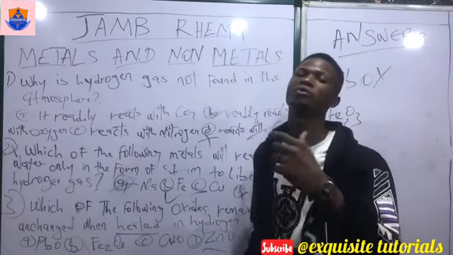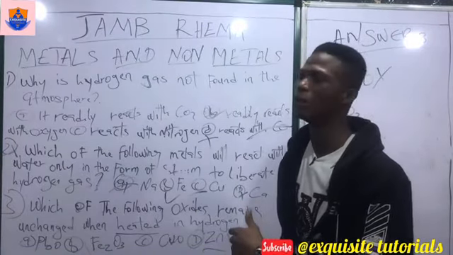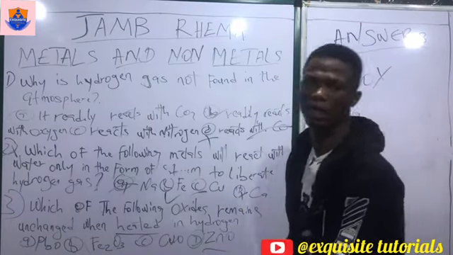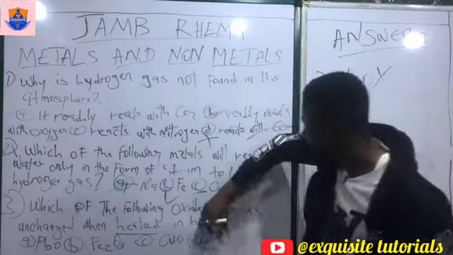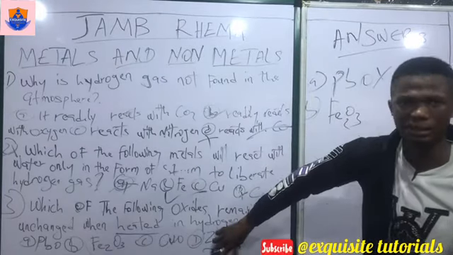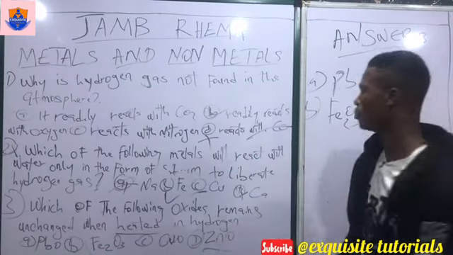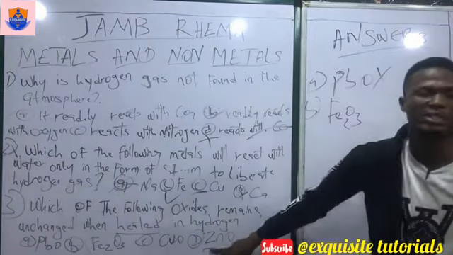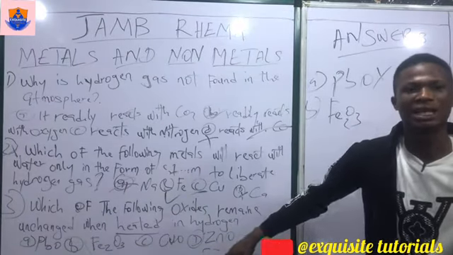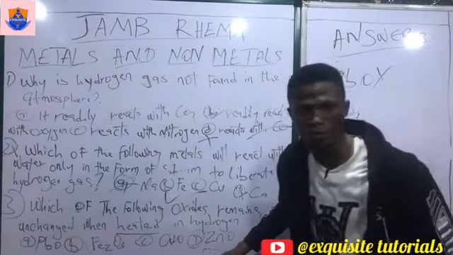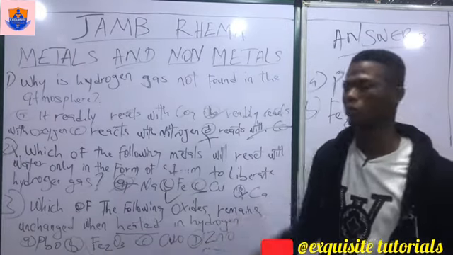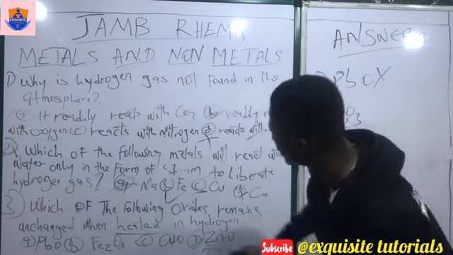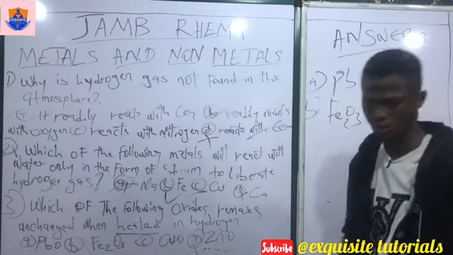In fact, it can even react with water to displace hydrogen. So if you bring in zinc oxide and you are bringing in hydrogen to displace zinc from its oxide, hydrogen cannot displace zinc from its oxide because zinc is far higher than hydrogen in the electrochemical series. So the correct answer is option D.